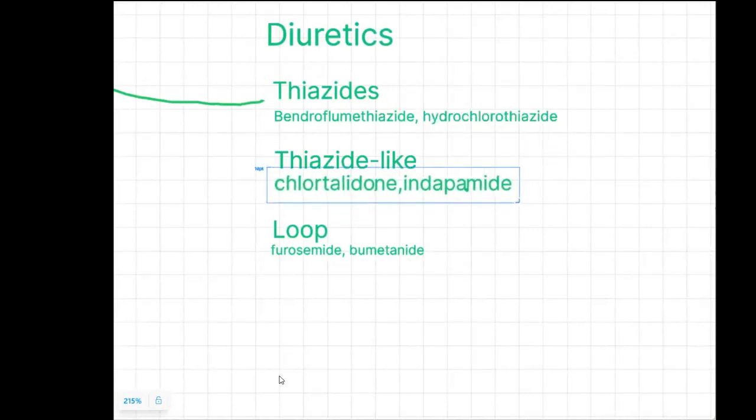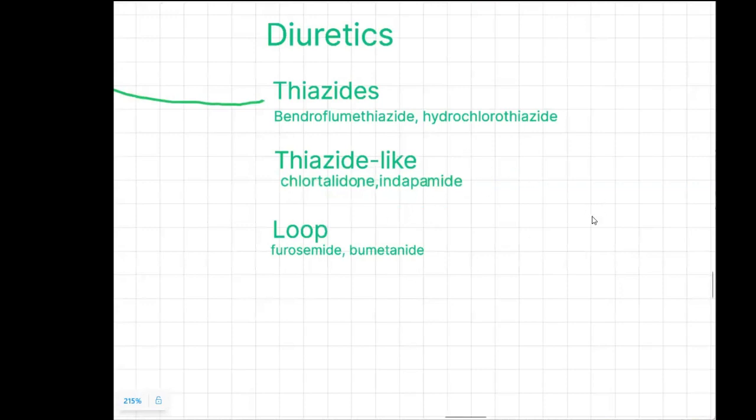Thiazides work in the distal tubule of the nephron, and they inhibit sodium and chloride reabsorption.